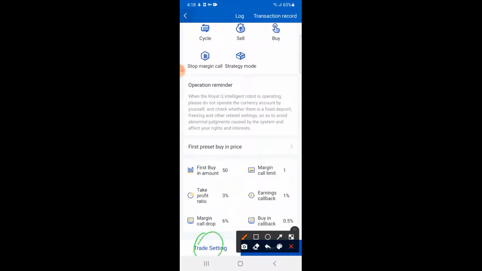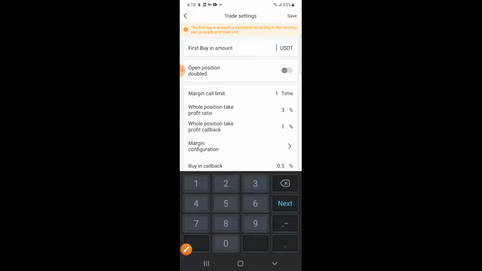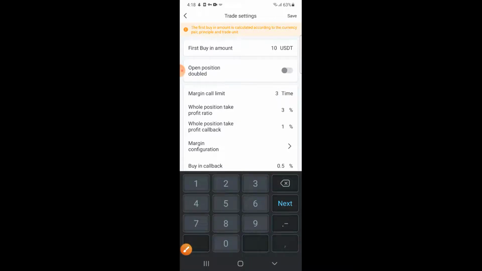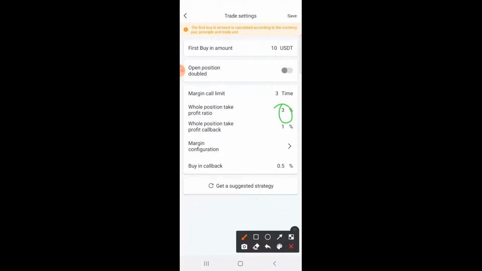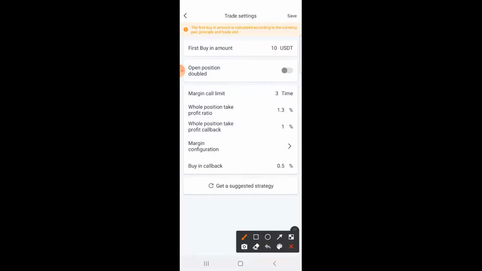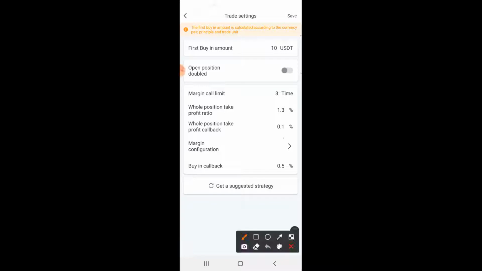Click here trade settings. After clicking trade settings, just click here. Put 10, and here this setting is 3 orders. I am setting it to 1.3, and here I am setting 0.1%, and click here.